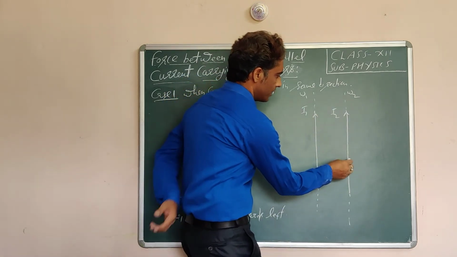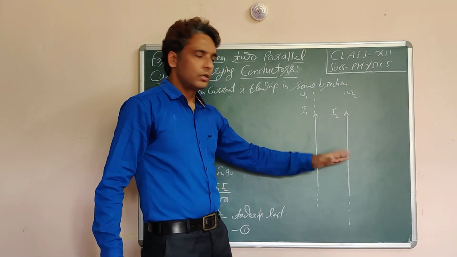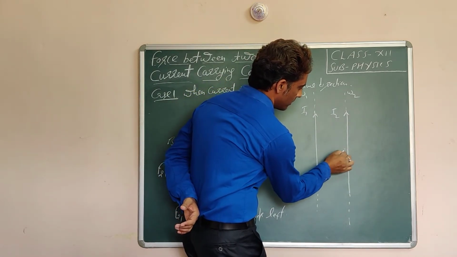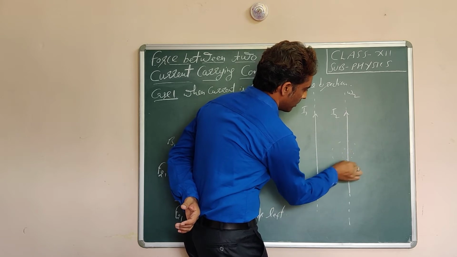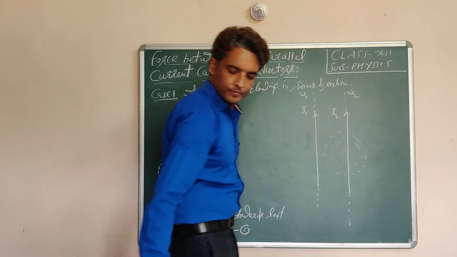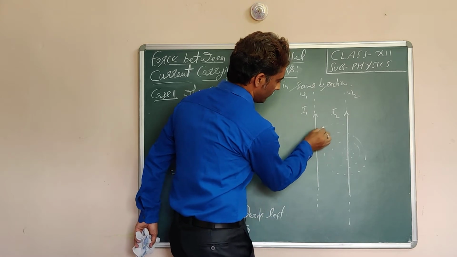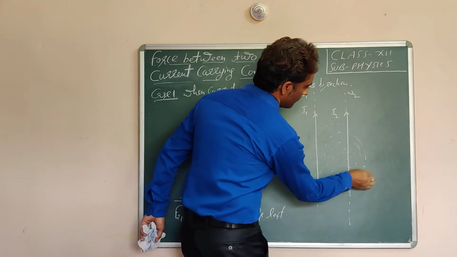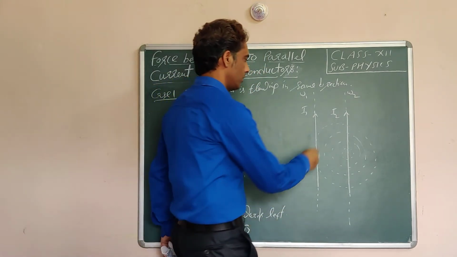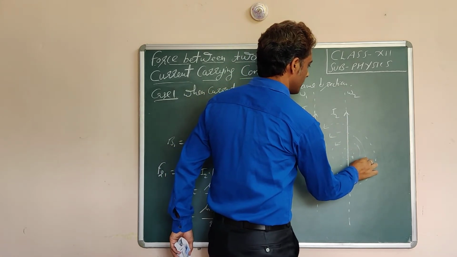So I draw magnetic field lines due to this. Again, magnetic field lines due to this conductor will be concentric circles. Again, by right hand thumb rule, the arrows will be anti-clockwise.